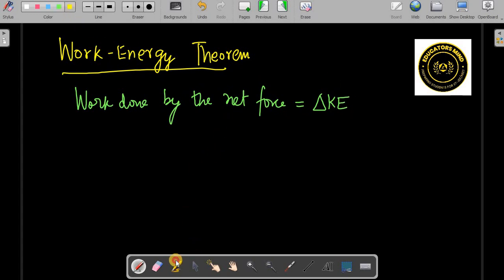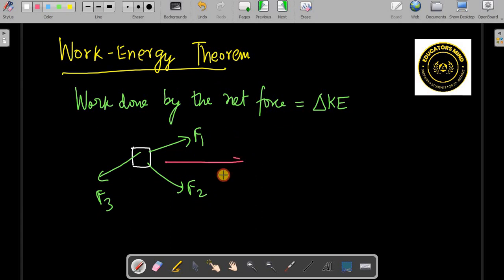So on a body there can be many forces acting, right? If you take a body, there can be various forces acting on the body. Let us say this is F1, this is F2, this is F3. So many forces are acting, but displacement will certainly happen in a particular direction, right?